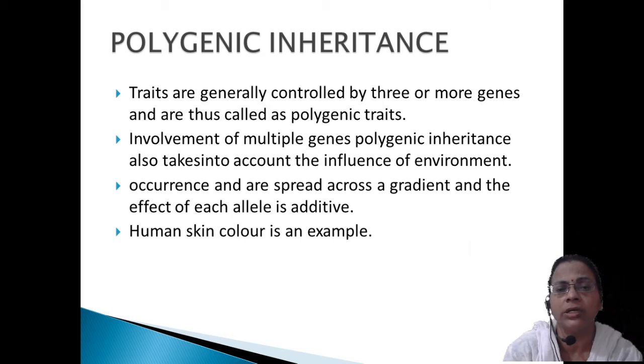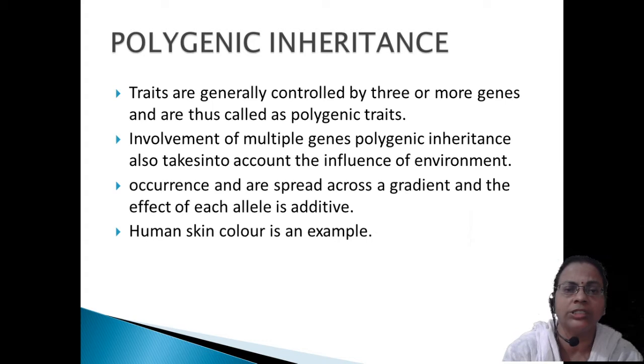So if all 6 alleles are dominant, the whole amount of melanin will be deposited, and the black pigment will be deposited in the body, and as a result the person will be completely dark, a negroid combination. And if all the alleles are recessive, melanin production will be less, an absence of melanin. So the tone of the skin color will remain very fair, white, and pure white will be produced.